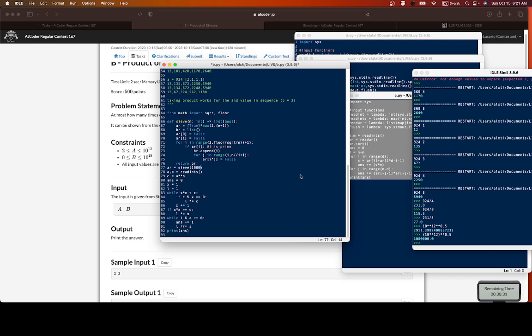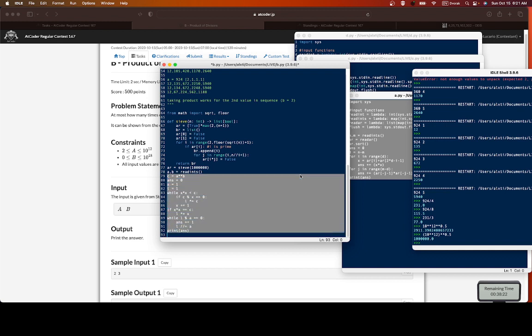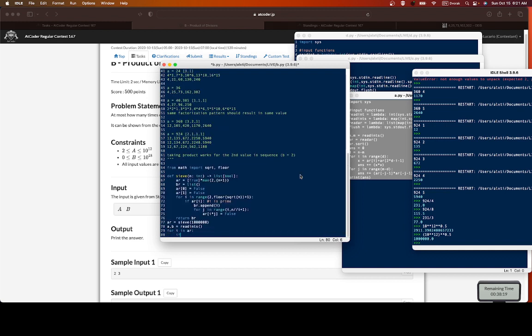Sieve up to 1 million. If we get that i times i is greater than a, break.